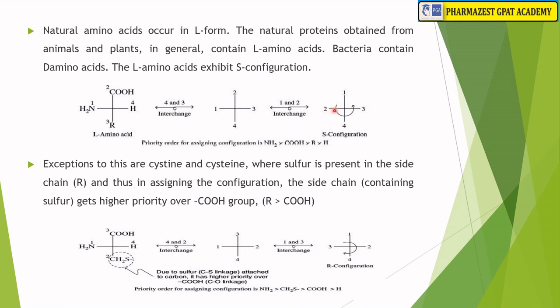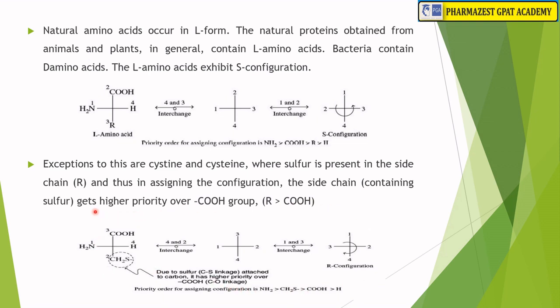See this direction, so S configuration. Exceptions to this are cysteine and cystine. When sulfur is present in the side chain R, in assigning the configuration, the side chain gets higher priority over the COOH group. Hence, the explanation is given in these structures.